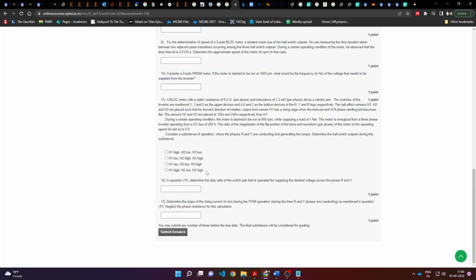They have asked to neglect the phase resistance for this calculation. Otherwise you'll never get a slope; you'll actually get an exponential function.